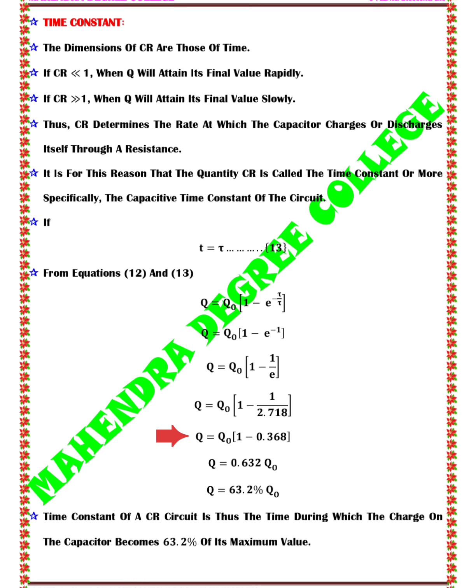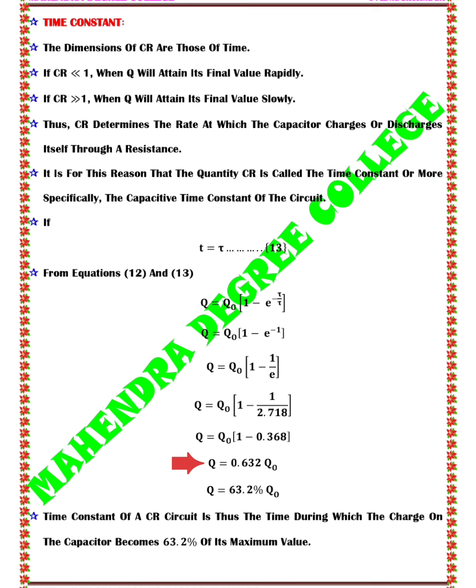So, Q equals Q naught into 1 minus 0.368, where 1 minus 0.368 equals 0.632.